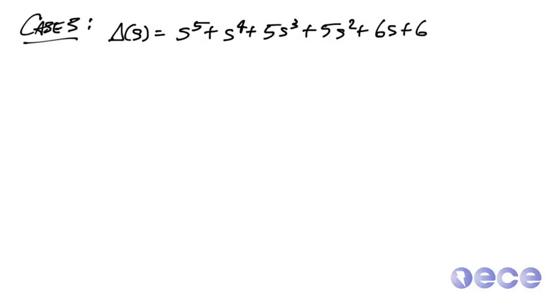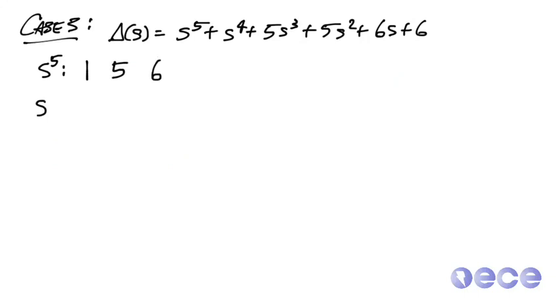So the first row that we're going to be creating is based on s to the 5th. So we're going to pick the coefficients for s to the 5th, 5s cubed, and 6. So our first row is going to be 1, 5, and 6.